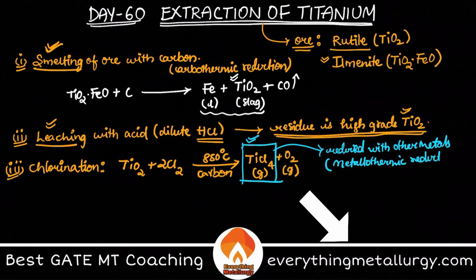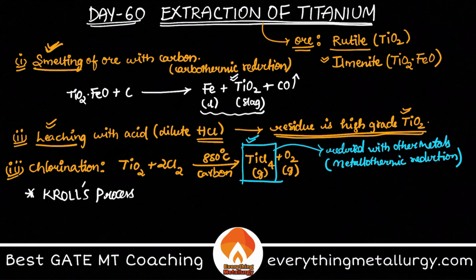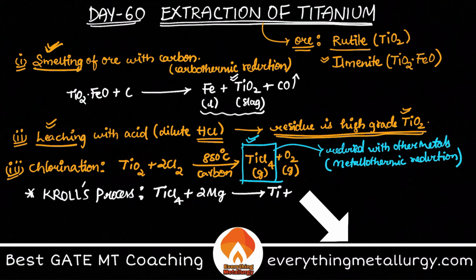We have two important processes. One is called Kroll's process. In Kroll's process, my TiCl4 is reduced with the help of magnesium to form titanium solid plus MgCl2. Similarly, I have another process called Hunter's process.